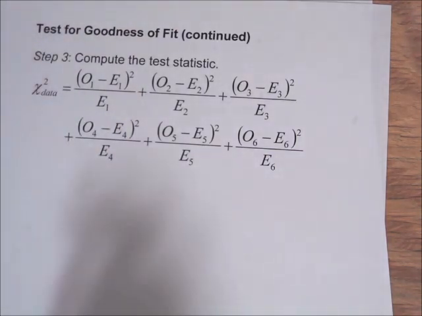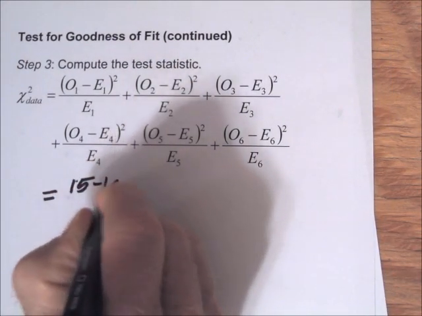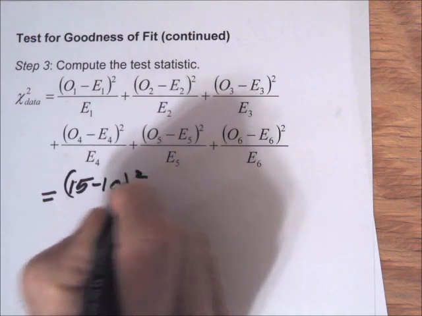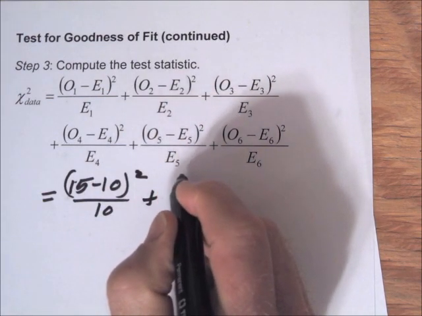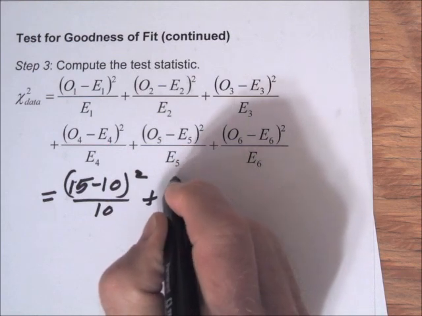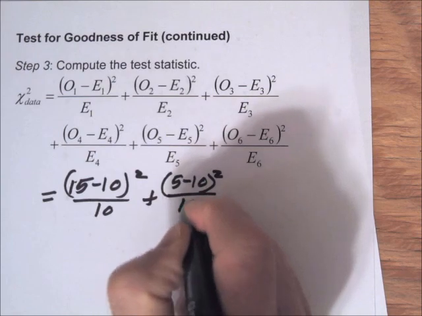The first observed is 15: 15 minus 10 squared, divided by 10. Next expected is 10, observed is 5: 5 minus 10 squared, divided by 10.